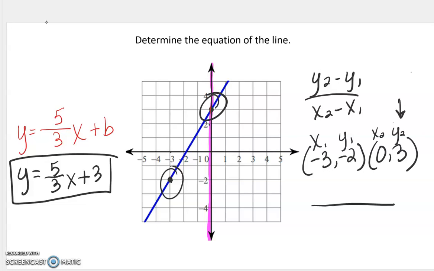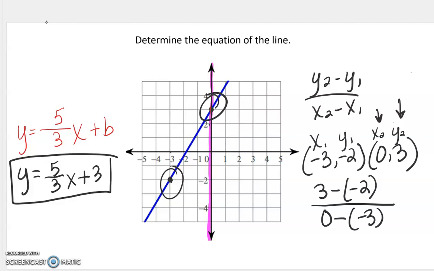Y2 is 3 minus my y1, which is -2. Look how I'm putting that into parentheses because I want to make sure that we get the correct integer rules. And then the bottom is going to be x2, which is this guy, 0, minus x1, which is -3.